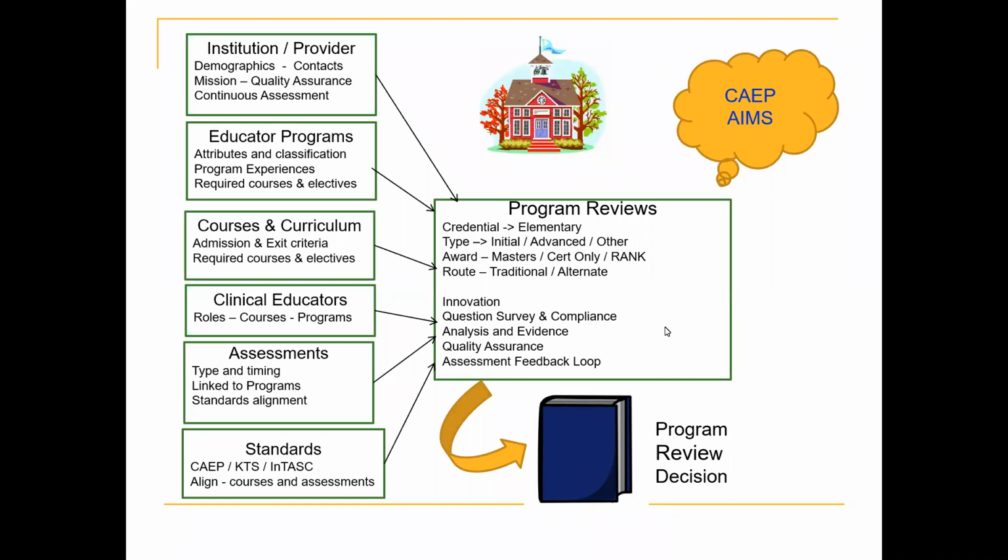So the KEPRS system is aimed at gathering institutional and provider information, more information about your educator prep programs, your courses and curriculum, your faculty or clinical educators, the assessments, and then of course everything gets aligned to the various standards. This information is then gathered together and used during the program review process or even during a pre-accreditation process getting ready for a CAPE review.